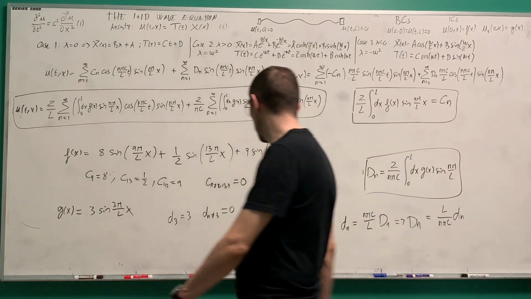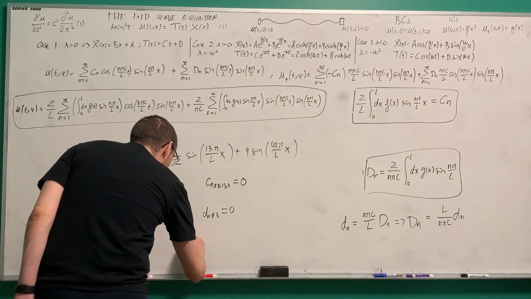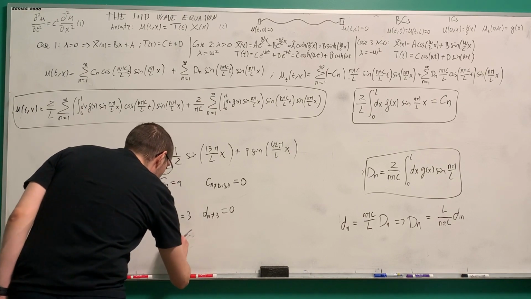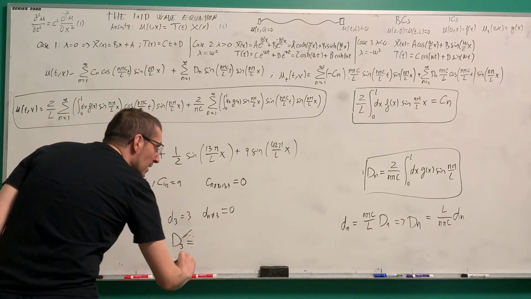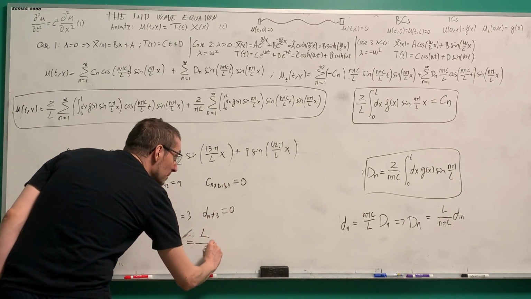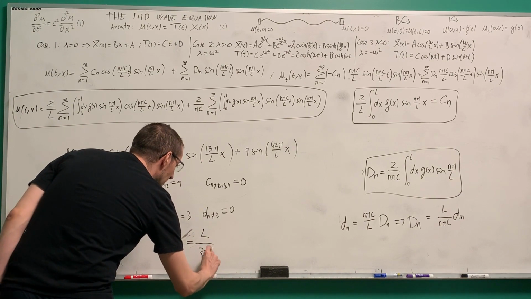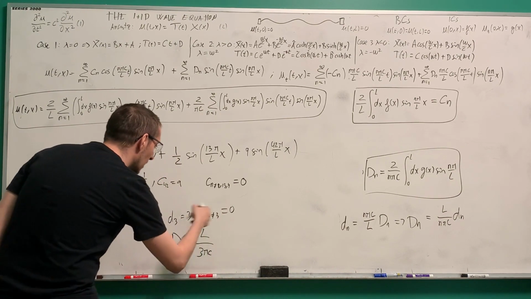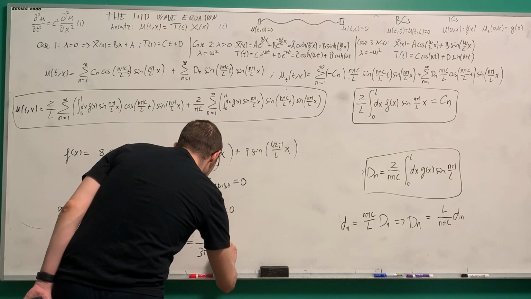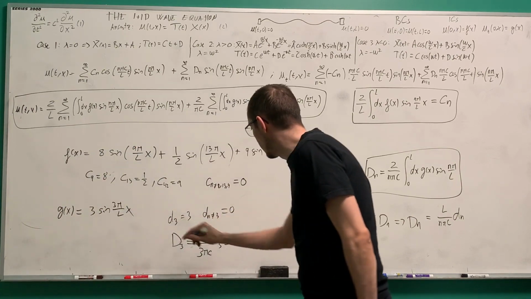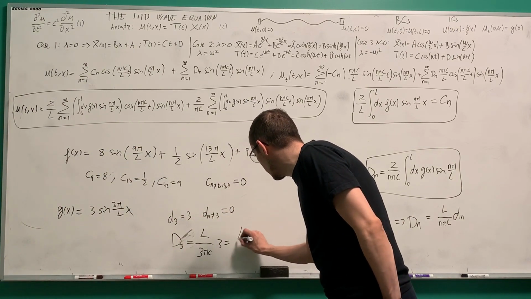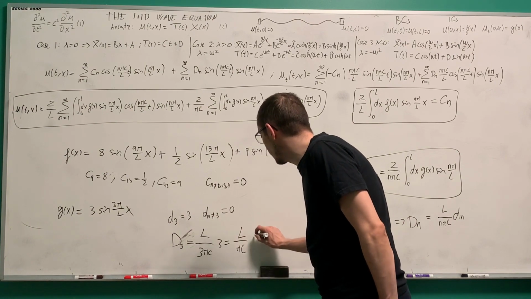So in this case, we know that capital D3 is equal to L divided by 3 pi c times the 3. So in this case, D3 would be just L divided by pi c. Okay?